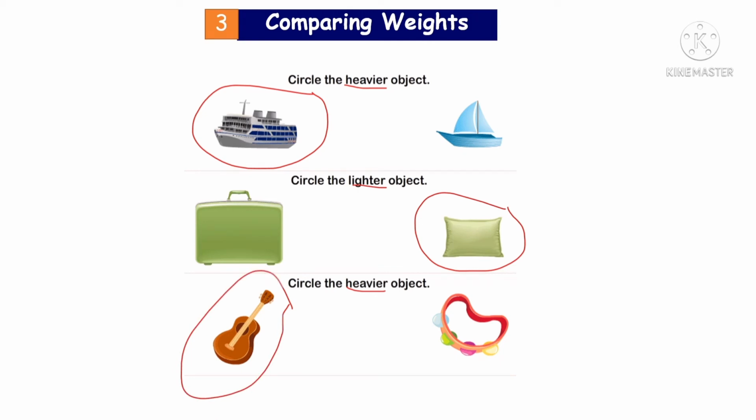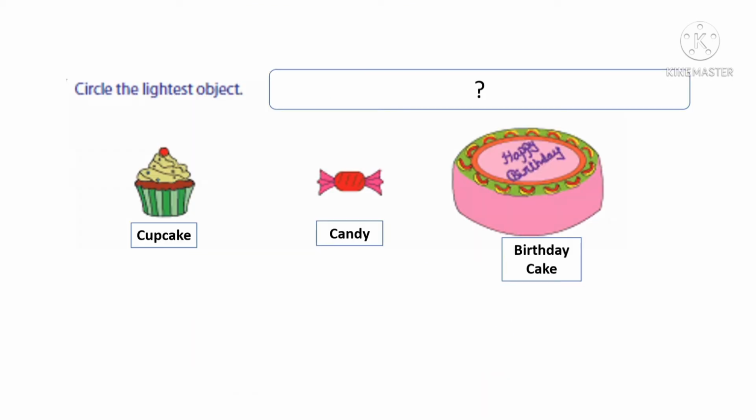The ship is heavier. The pillow is lighter. And the violin is heavier. Now, next question.